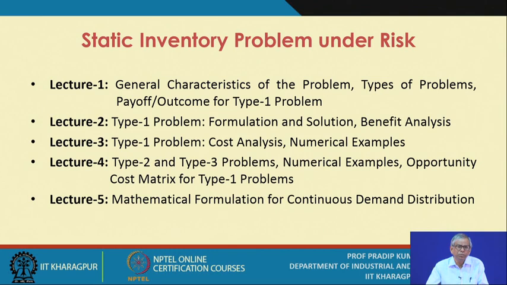So all these 3 problems are to be formulated, and the solution steps must be known. So during the 4th lecture session, type 2 and type 3 problems will be dealt with using numerical examples, and the concept of opportunity cost matrix for the type 1 problems will be discussed at length.